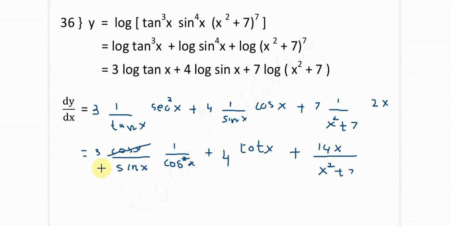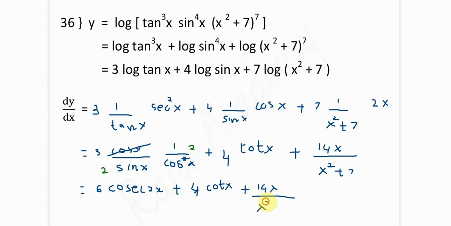Now what we do, here we introduce 2 here, and we'll write 2 here also, so that we get this as equal to 3 into 2, that is 6. 2 sin x into cos x is sin 2x, and 1 upon sin 2x is cosec 2x, and remaining as it is, 4 cot x plus 14x upon x square plus 7. So this is the required answer.